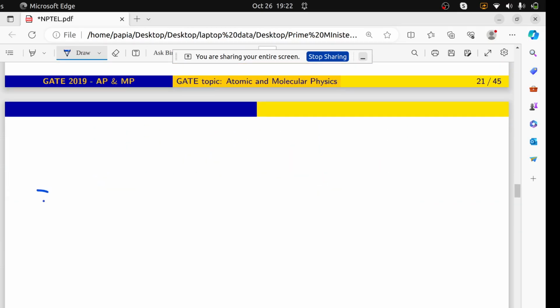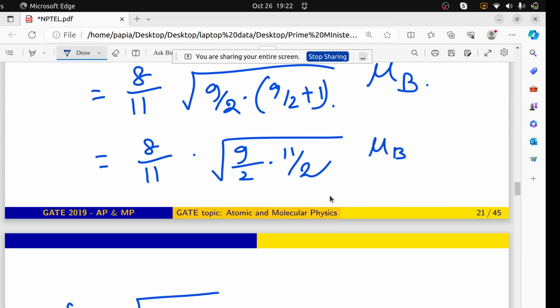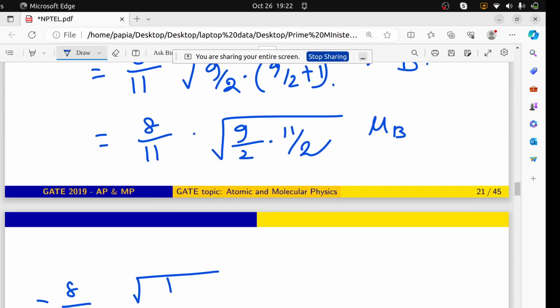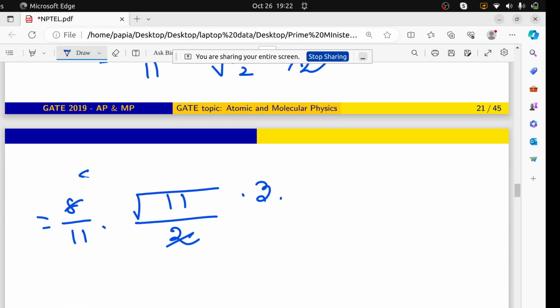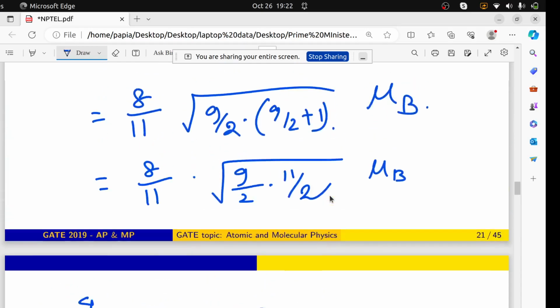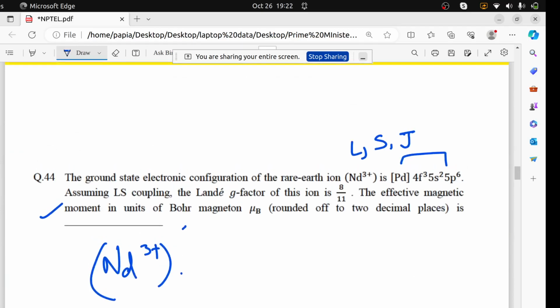Now you can see here 8 by 11, 9 by 2, 11 by 2, mu B. If I just simplify a little bit, then it will be root over, you can see here 11 and 9, so that means 11 and there is 3, and here it will be 2 because 2 and 2 was there. So 2 into 2 is 4, so 4 by root over 11 into 3, so that means 12 by root over 11. They are asking for the value of magnetic moment rounded off to 2 decimal places.